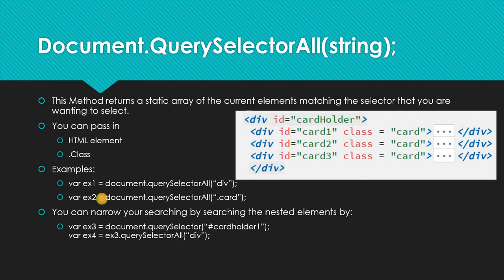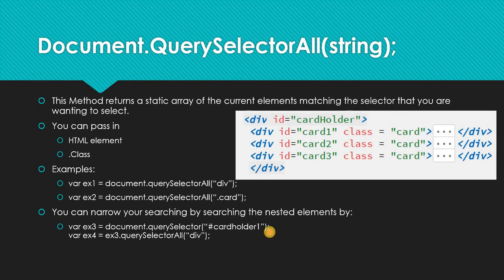You can narrow your search by querying for the ID of a group of cards, for example, like this card holder that's holding this collection here.